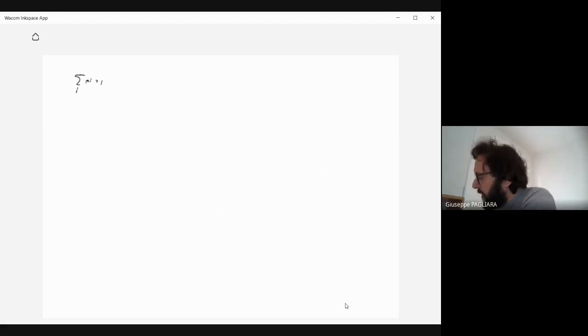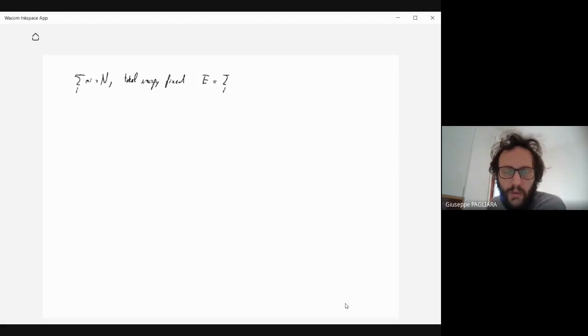I have the sum over ni is equal to N. I suppose now that we have a fixed total energy, let's call it E, and this will be the sum over i, where I'm not writing the numbers on which i runs, because they go from 1 to plus infinity, basically. I don't have a bound on the energy levels. And this total energy will be the sum of ni times epsilon i.